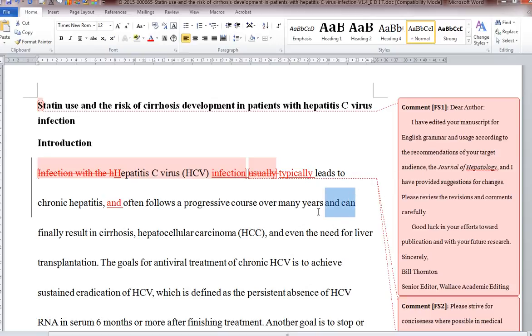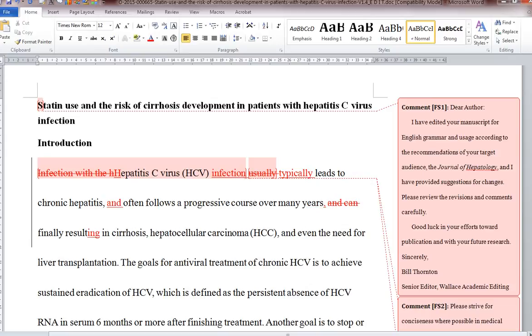This isn't bad, but we can do without it. I'll make sure we put the appropriate punctuation. I'll place a comma here to end that clause, and then I have finally result. The revision now, I got rid of and can. I deleted that. I'm going to have to change this to finally resulting in.